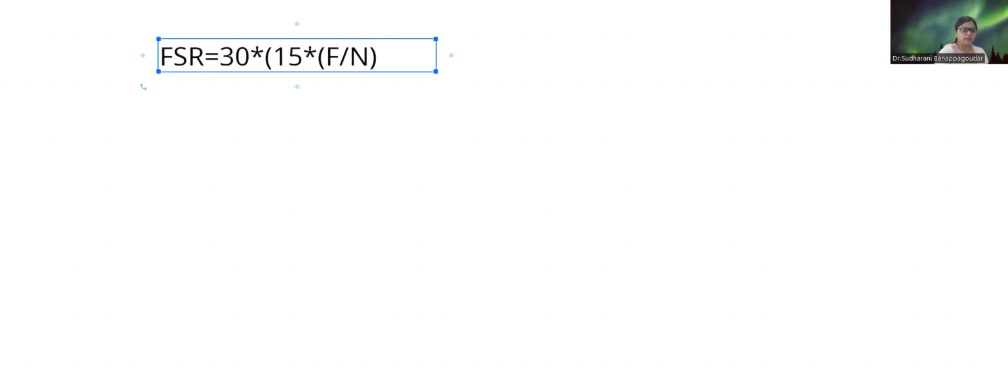And the formula is FRU equals 7.5 into F, then BC, we'll discuss this, plus 22.5 multiplied by F into BO. So this is the formula for the financial resources and their utilization.